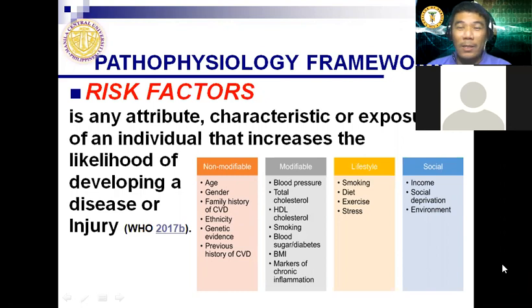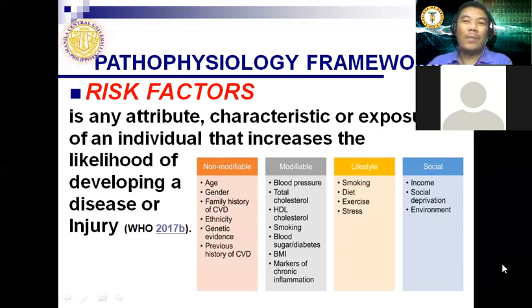Will that be considered a modifiable risk factor? If the client had smoked once, how can you support that this could lead the client to a cardiovascular disorder? Are there any studies showing that smoking once led to cardiovascular disorder?